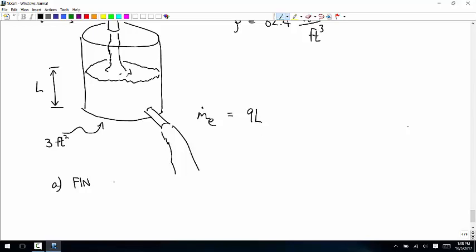So that's a variable, and we're going to find a differential equation for L using that mass balance.